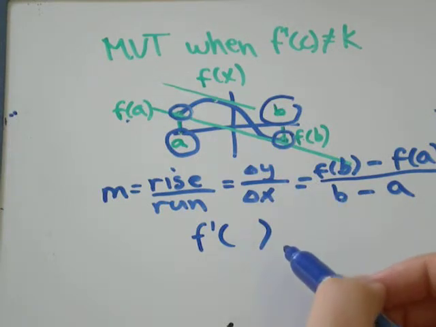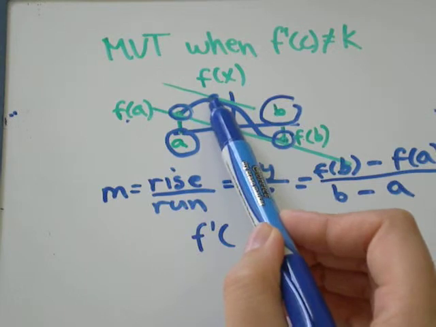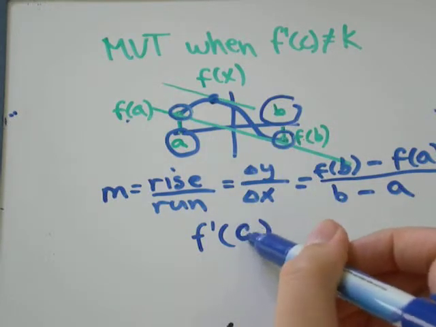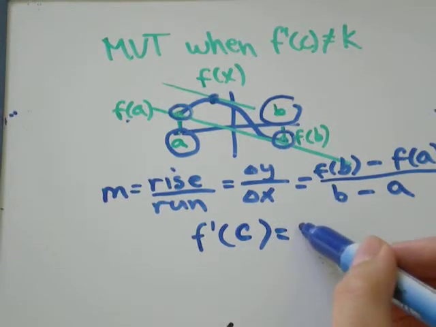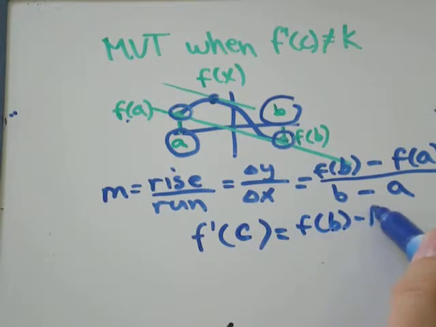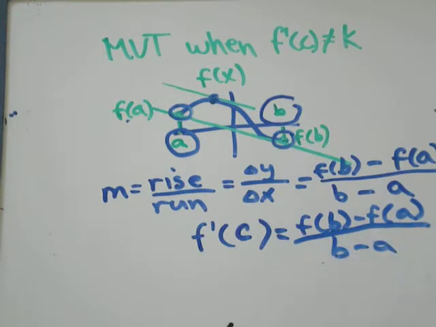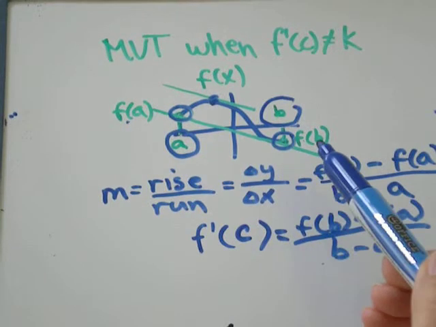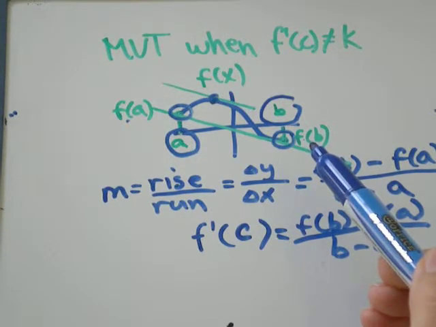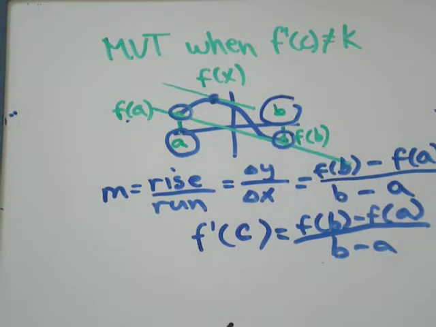So the derivative of f of x at point c is what's equal to the same slope as we found here, f of b minus f of a over b minus a. So that's where the formula comes from. If you ever forget on a midterm or a final or something, I would draw a picture and think about the slope. So let's do an example where we use the mean value theorem.